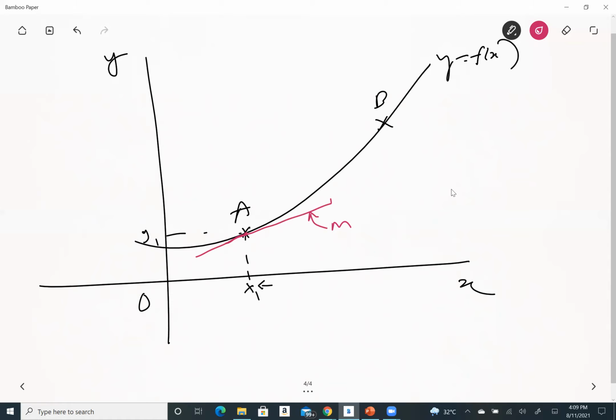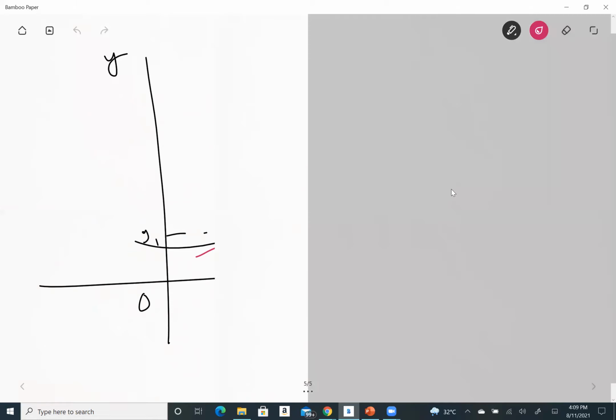So that is the derivative. I will write down here, as you make delta x smaller, approaching 0, this is what we have.